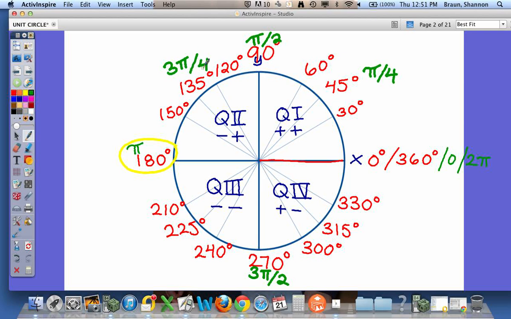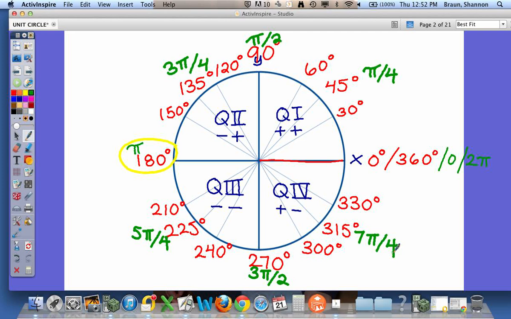It's the same thing as 3/4 times pi, but that's how you're going to see it. 4/4 pi, or 4 pi over 4, reduces to just pi. Now we're at 5 pi fourths, which we can't reduce. 6 pi fourths is reduced to 3 pi over 2, so that makes sense. Then 7 pi fourths, which we can't reduce, so we leave it like that. And then we're all the way back around at 8 pi fourths, which is 2 pi.